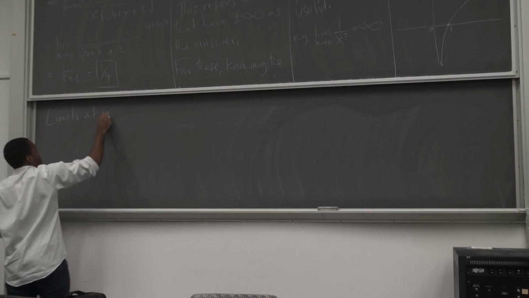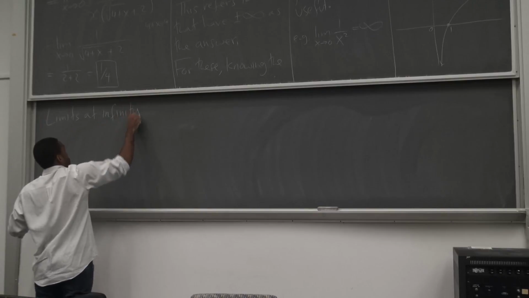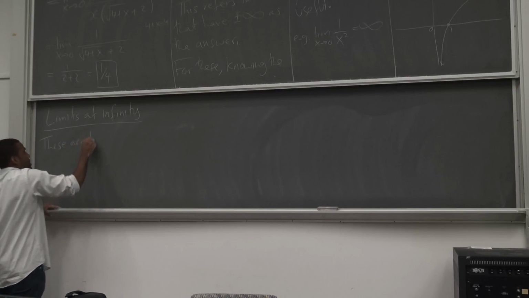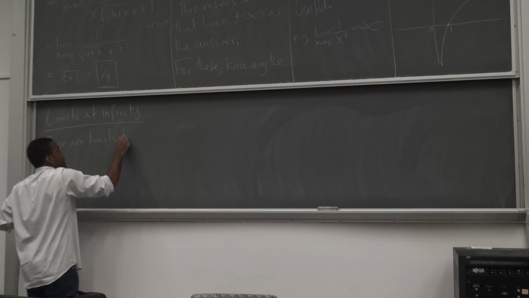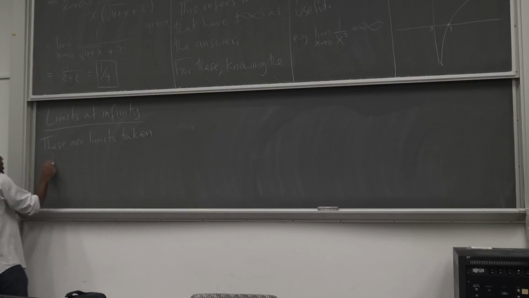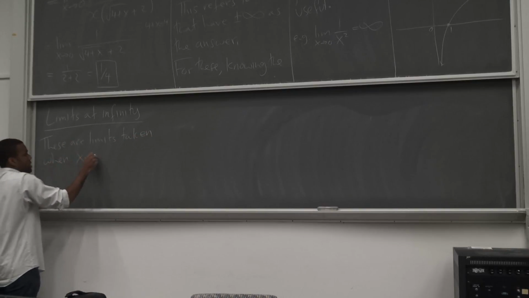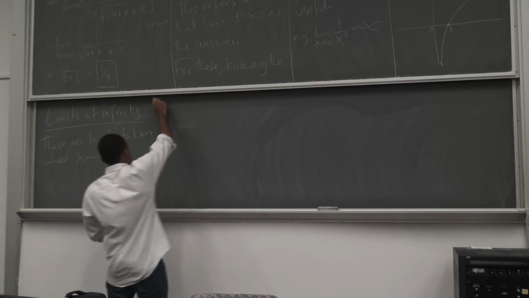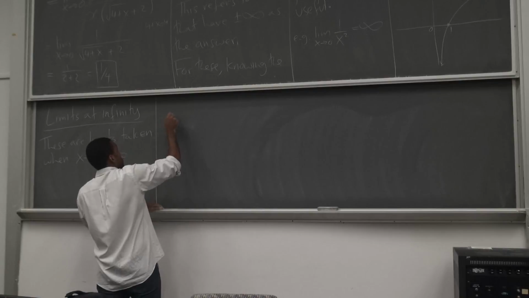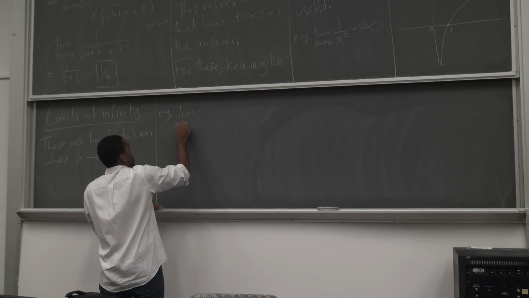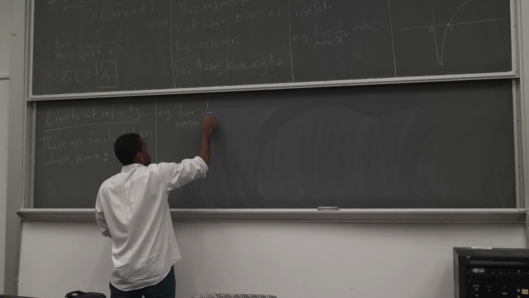There are also limits at infinity, and these are all super important as well. These are limits taken when the x values we actually let approach plus or minus infinity. So I could ask you questions like this. What is the limit as x approaches infinity of 1 over x?